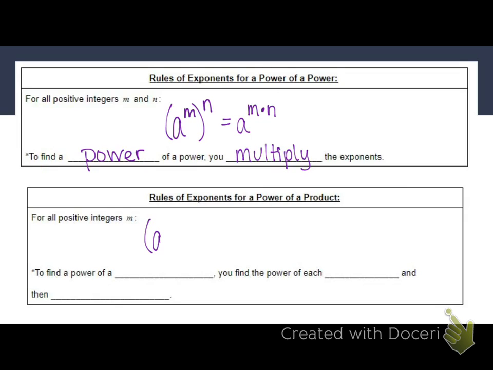Okay, that's a little bit different than power of a product. So if we have a product of something like ab, all of it raised to the m power, that's going to be the same as a to the m power times b to the m power. So in the notes, to find the power of a product, you find the power of each factor and then multiply.